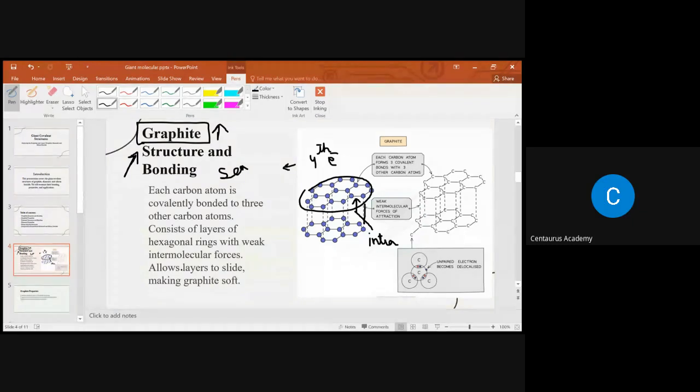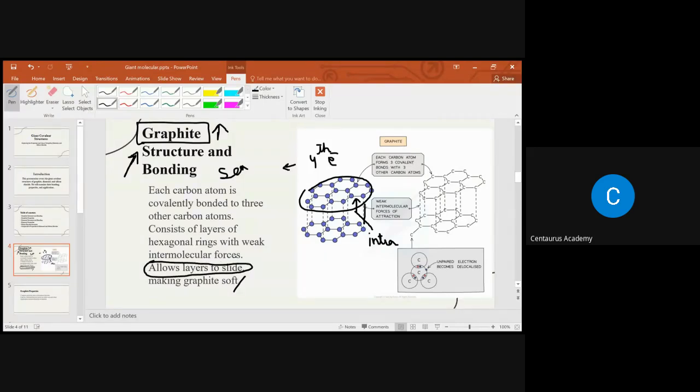Okay. Since these layers have weak intermolecular forces of attraction between them, graphite is slippery and soft. As a result, it can be used as a lubricant or in pencil lead, which allows the layers to slide upon each other.